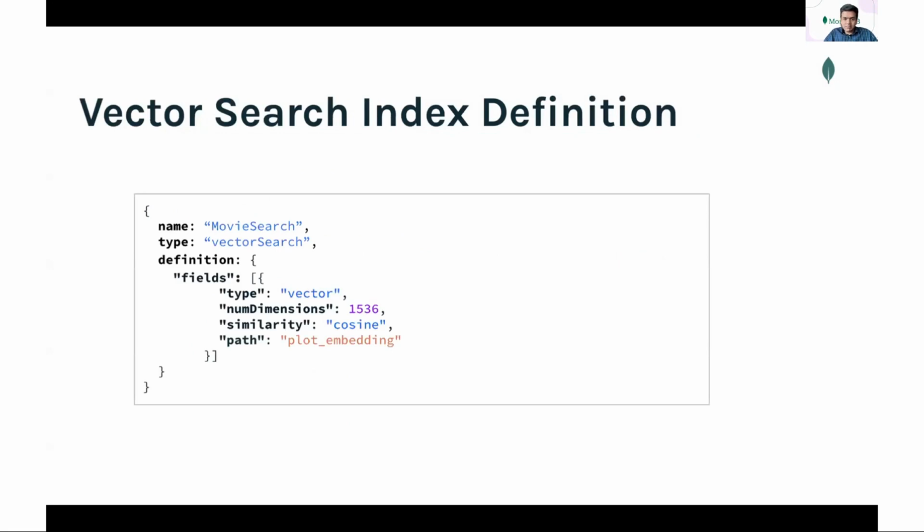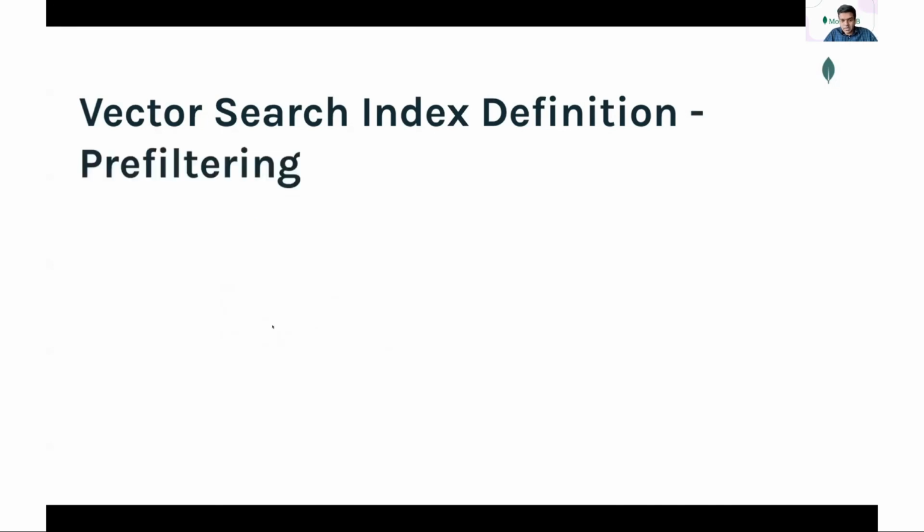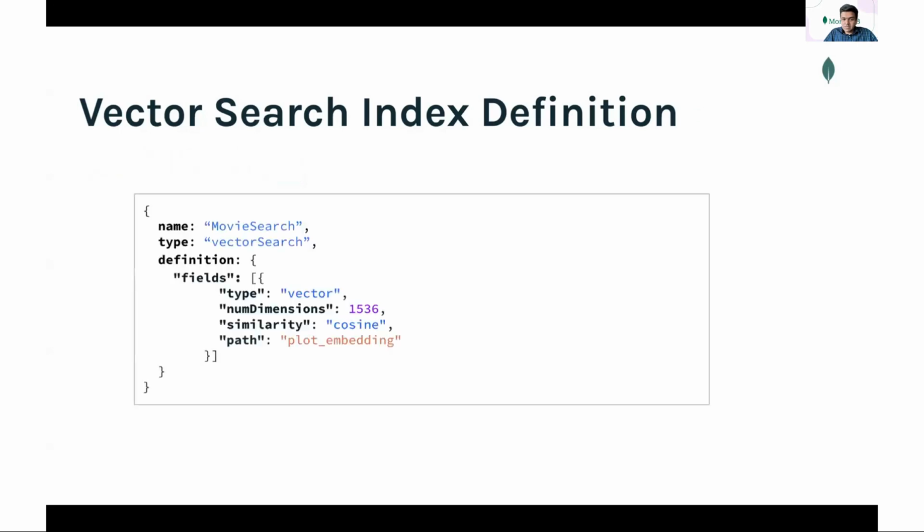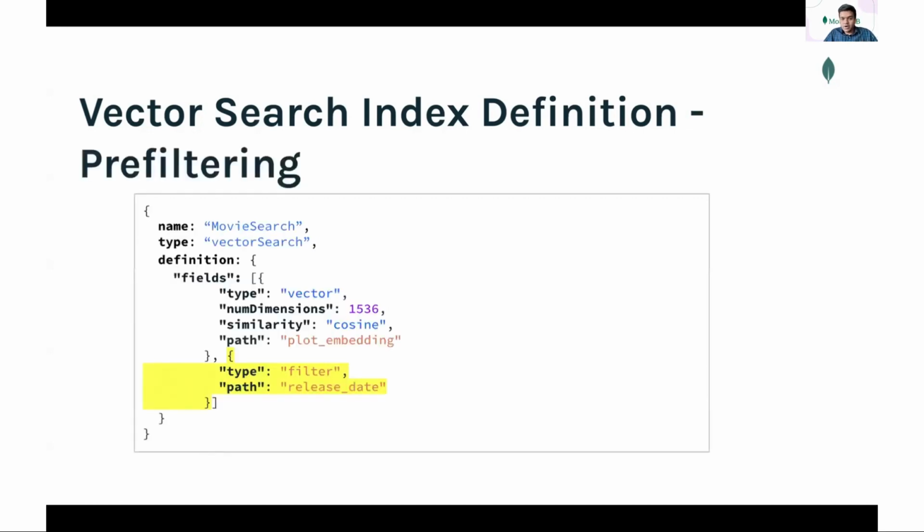You define an easy vector index definition that specifies, in this case, the number of dimensions for the embedding model you're using, your similarity score, as well as the path on which it's lying. This index definition is just for pure vector search. Whenever you're ready to add metadata filtering to it, you just modify your index definition to also include a secondary field on which you want to filter.